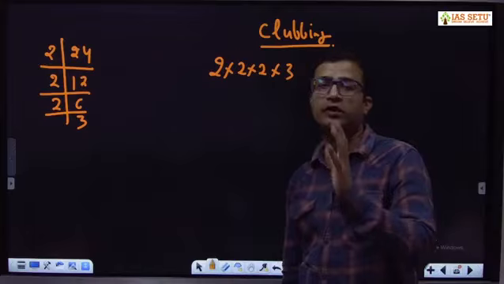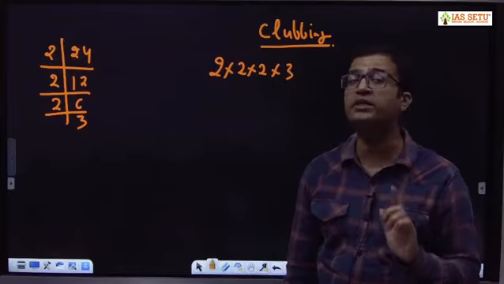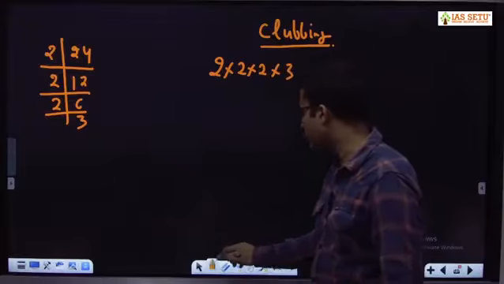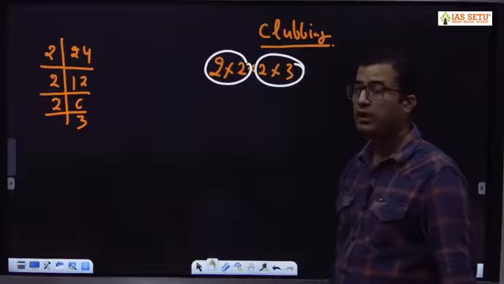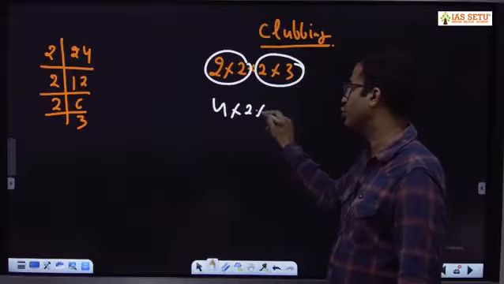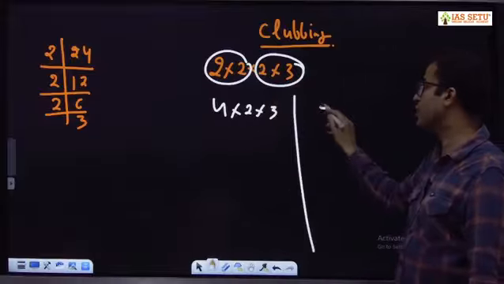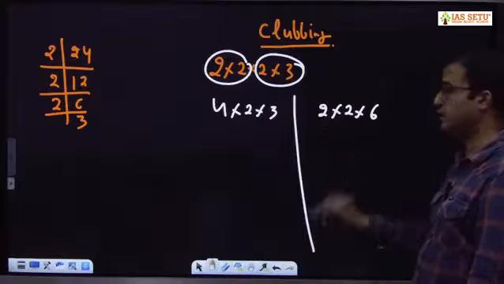And there is a rule of clubbing. You are looking for minimum cut. In clubbing you have the option: either you take 4 or you take 6. So you can take 4 into 2 into 3, or some students have taken 2 into 2 into 6.